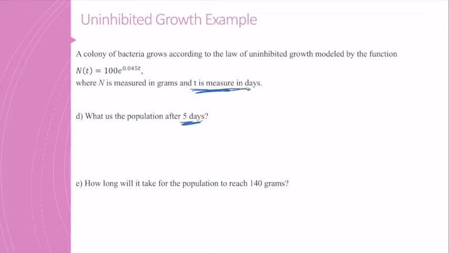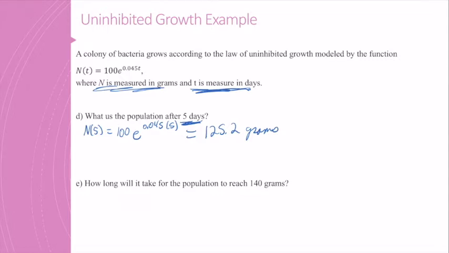I'm going to take n of 5, substituting in 5. That is 100 e to the 0.045 times 5, and that gives me about 125.2 grams. Remember that my function n is measured in grams.